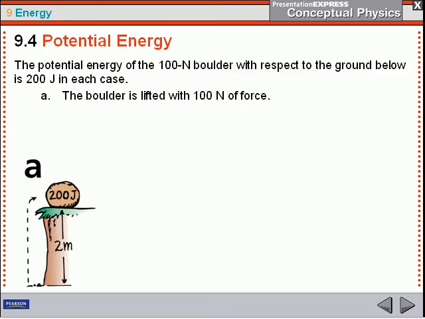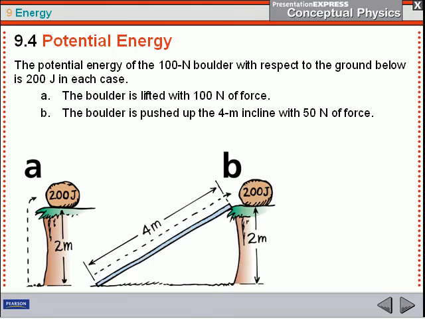Let's look at these examples here. This boulder has been lifted. It's a 100 Newton boulder. It's been lifted 2 meters, so 100 times 2 meters is 200 joules. We can push it up a ramp, and we only need to use 50 newtons of force to push it up that ramp, but we've got to push it up a 4-meter ramp. 50 newtons of force times a distance of 4 meters is still 200 joules.